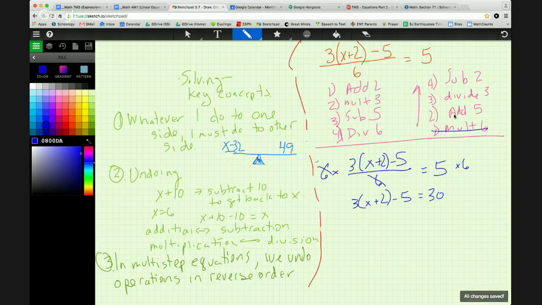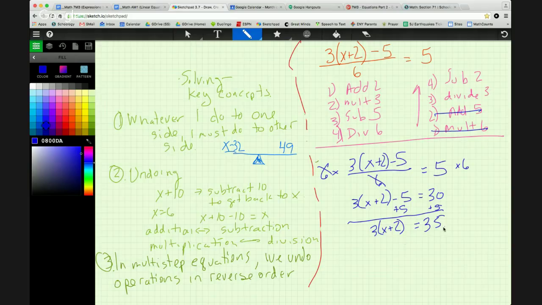We've done that. The next thing we'll do is add 5 to both sides. So that leaves us with 3 times (x + 2), because these canceled, equals 35.